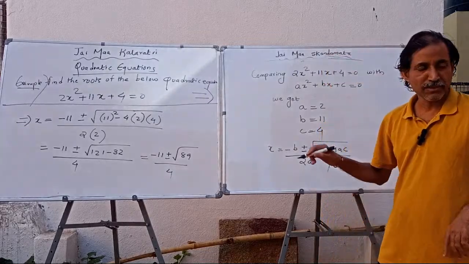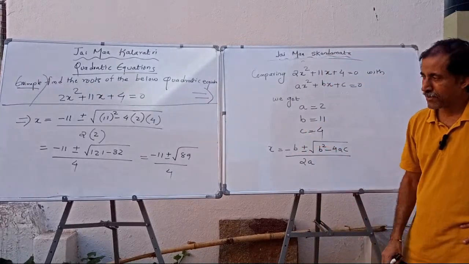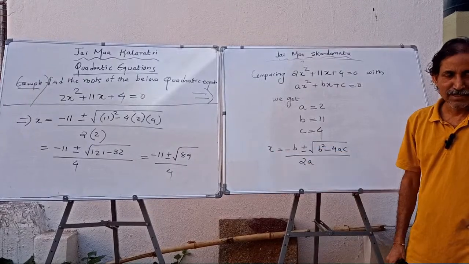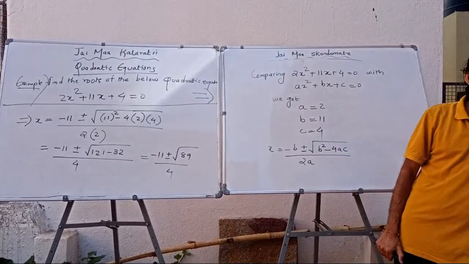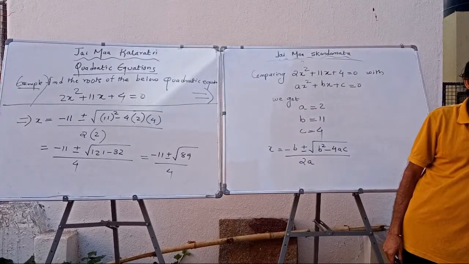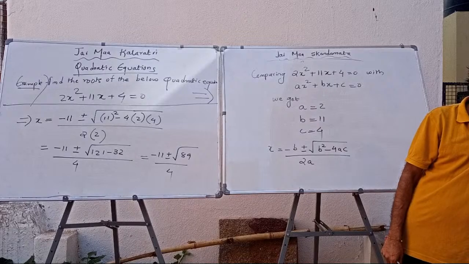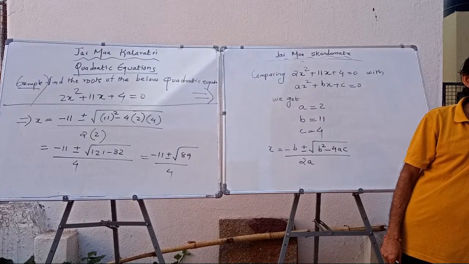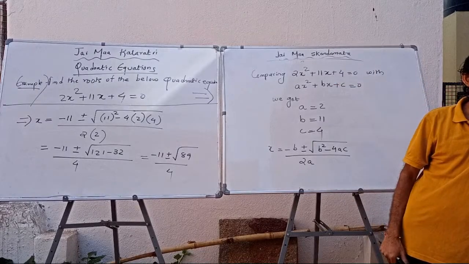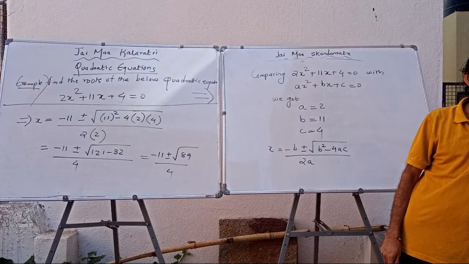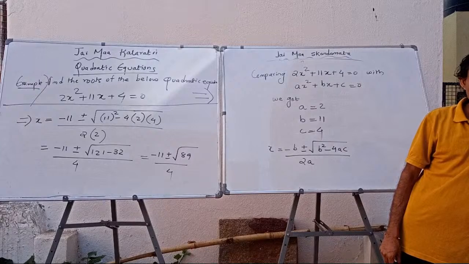Ananya, you got the answer to this? What will be the value of square root of 89? It will be between which two integers? Just tell me roughly. What is the square root of 25?